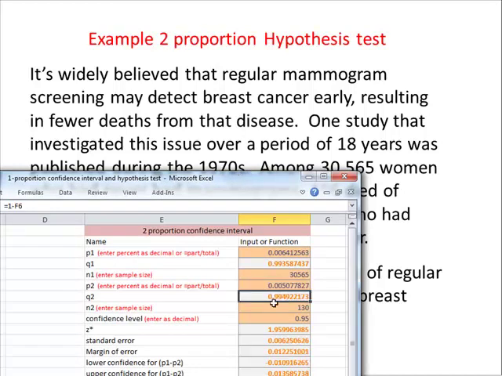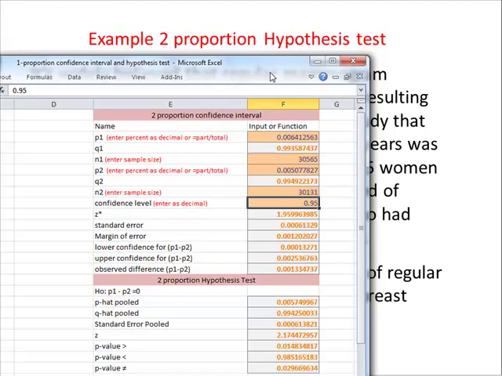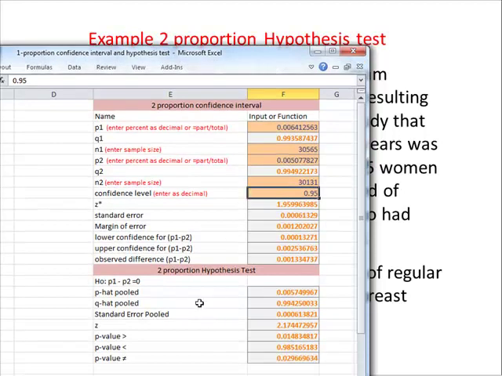So you need to change your sample size to be 30,131. Okay, and you can leave your confidence interval there. And the null hypothesis, you don't have to input this value because you're just going to expect that it will be equal to 0. And so here are your p-values and such that we get.